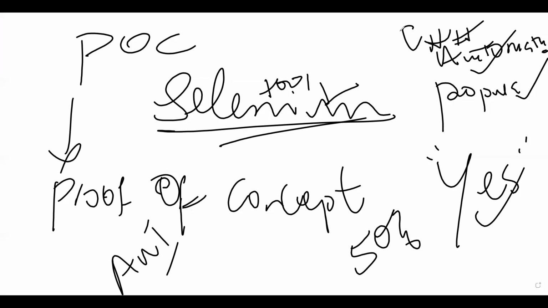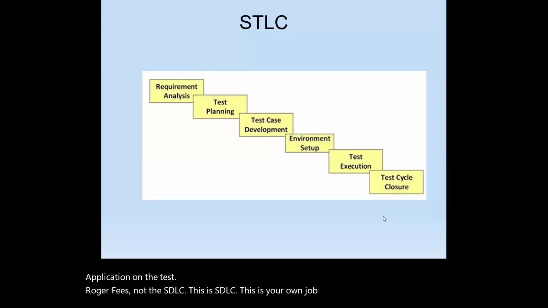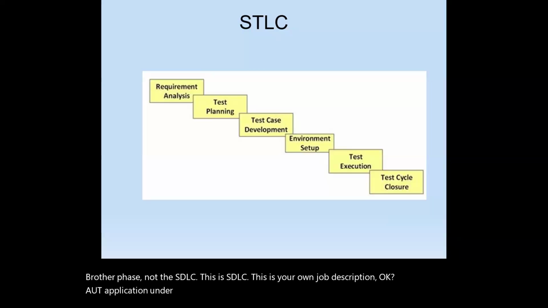So it's a gradual phase, not the SDLC. This is your own job description. AUT, application under test, all right? So then after that, you guys move to what?